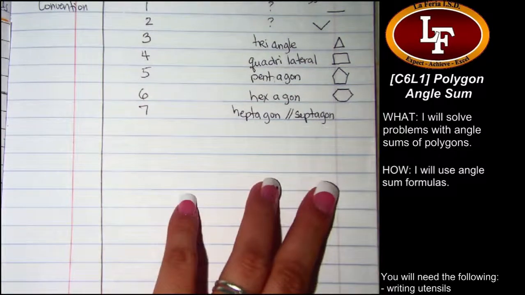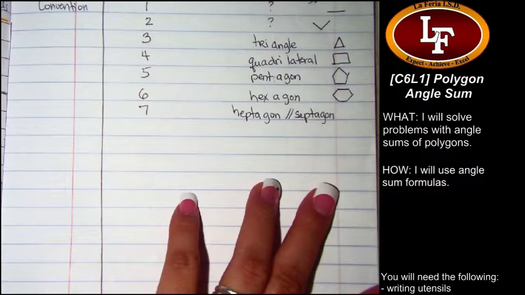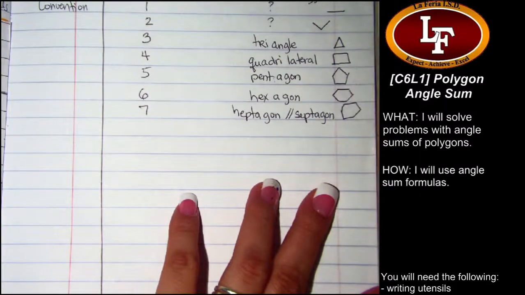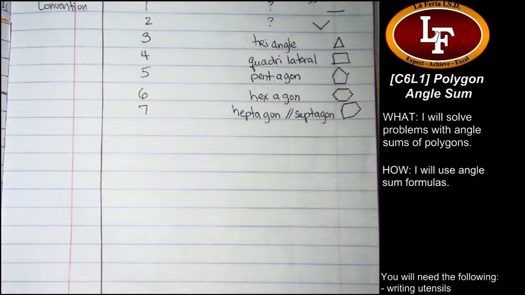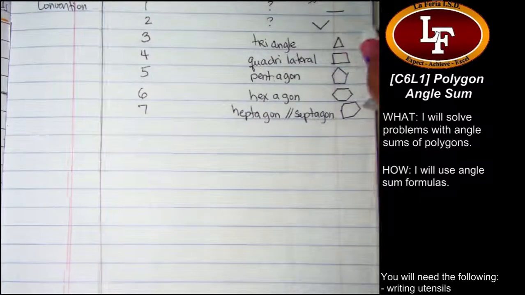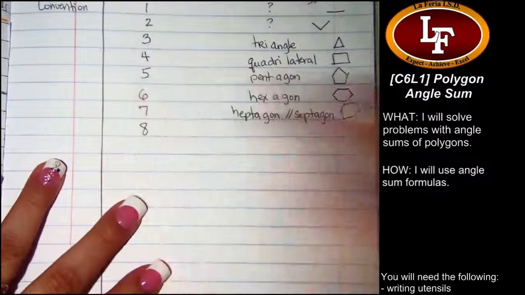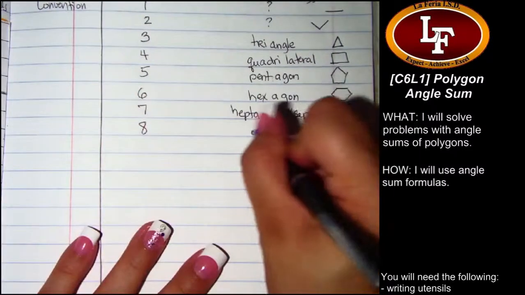All right, let's draw. How do you draw this? 7 sides and make it convex. So 1, 2, 3, 4, 5, 6, 7. Not happy. All right, 8. Octagon.